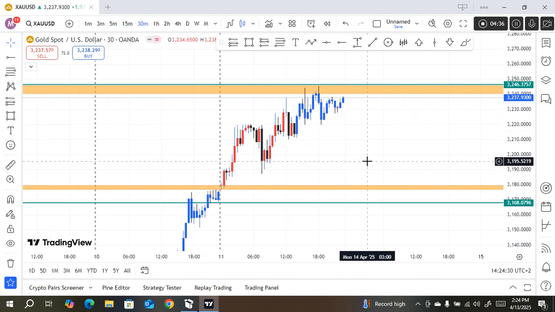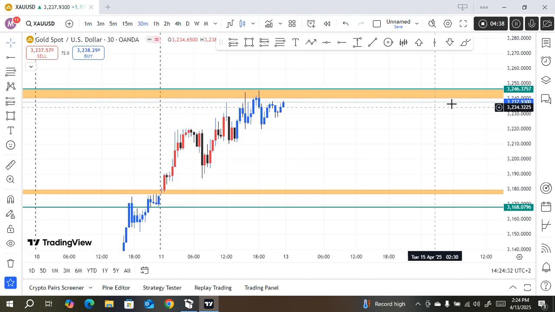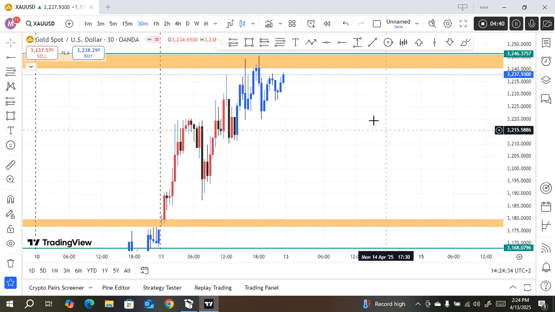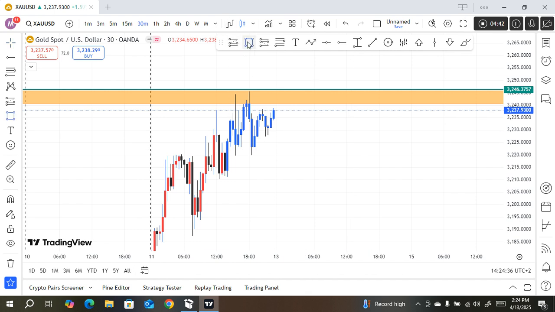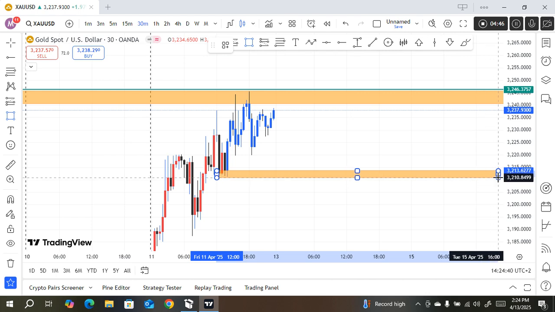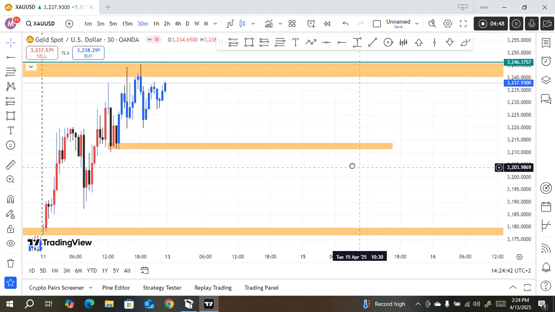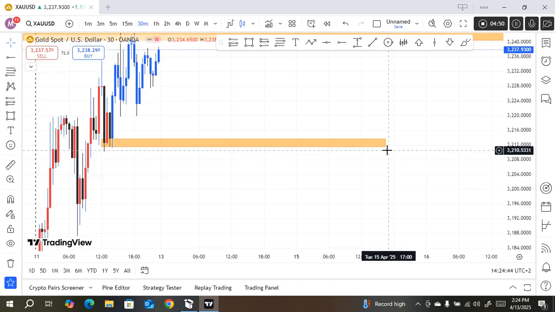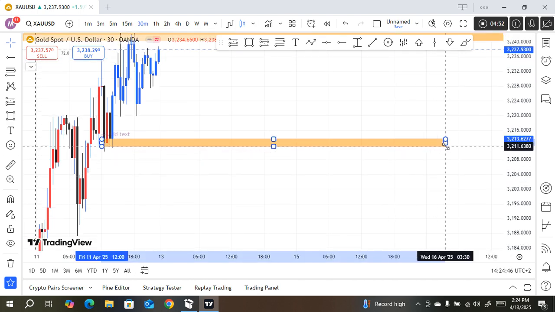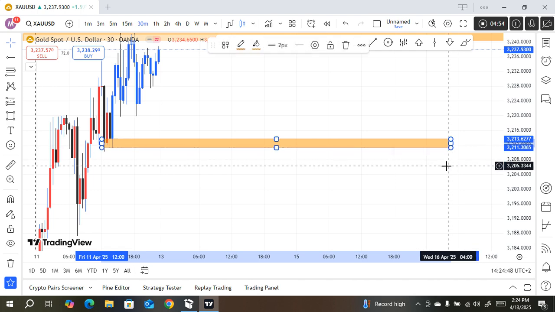So since we are there on Monday, we are expecting to buy gold when it comes here during the New York session. Remember, I am only dealing with the New York session right here.